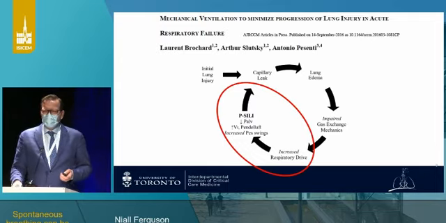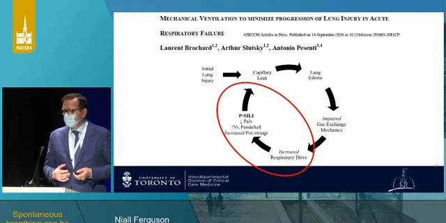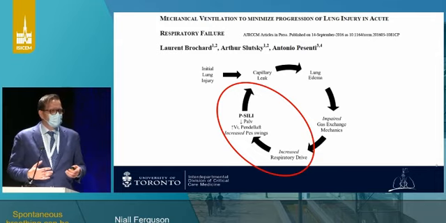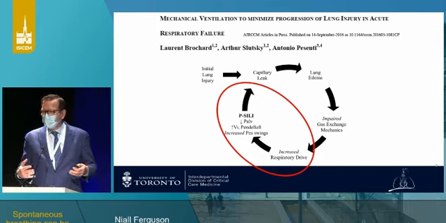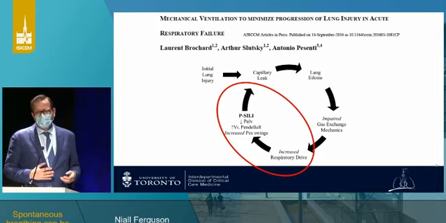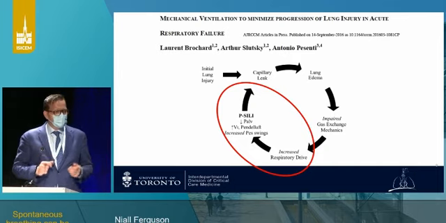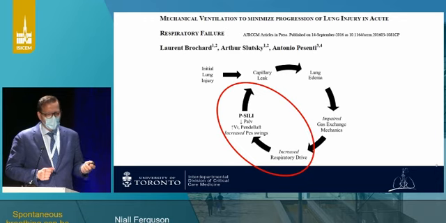We also have concerns about this vicious cycle of patient self-inflicted lung injury, where we don't just care about ventilator-induced lung injury, we care about ventilation-induced lung injury. And whether it's negative pressure or positive pressure, that may change the way it's distributed within the lung, but it doesn't change the actual pressure gradients to which the alveoli are exposed.